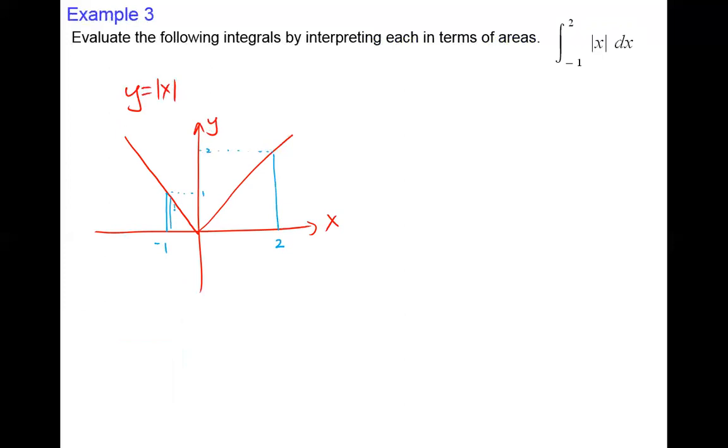And that means I see the area under the curve and below the x-axis, that triangle. And I also see this one. Both of them are above the x-axis. That means both of them are positive.